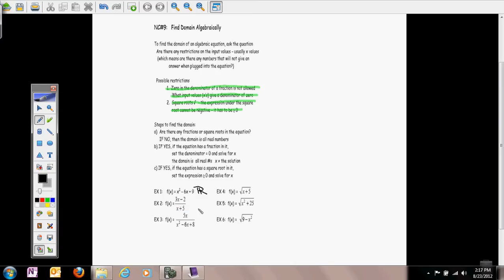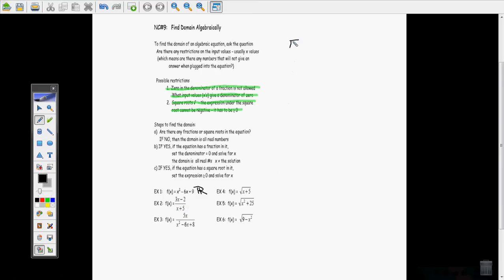If I take the denominator, which is x plus 5, and set it equal to 0, why would I set it equal to 0? Because I want to know what x values are going to make this bottom be 0. So I subtract 5 from each side, and I get that x is equal to negative 5.